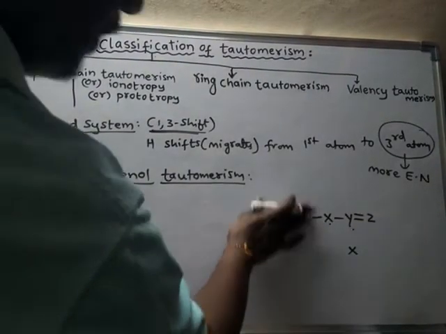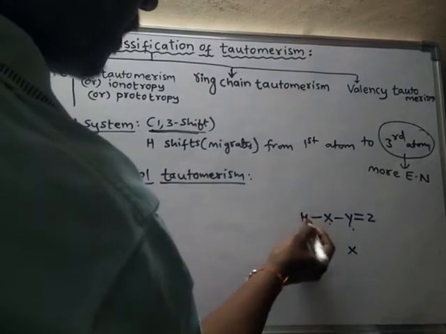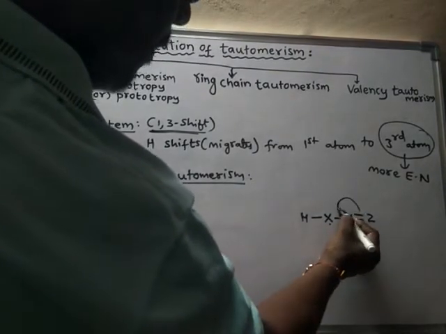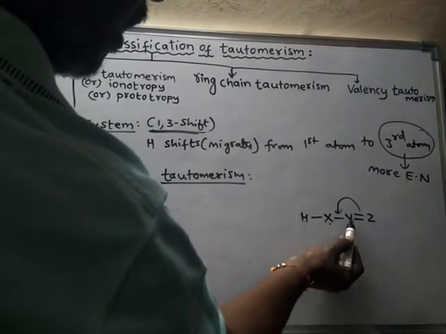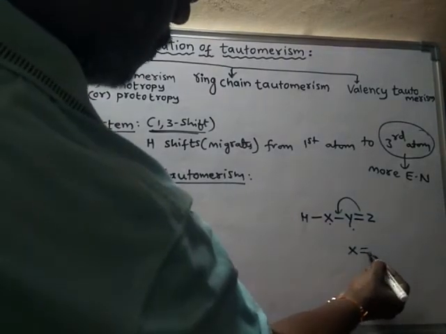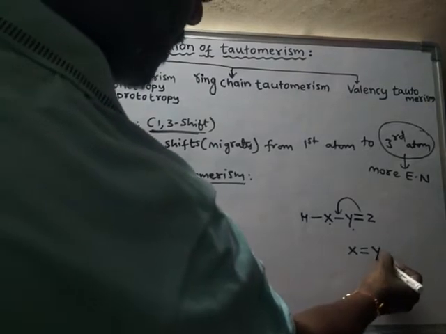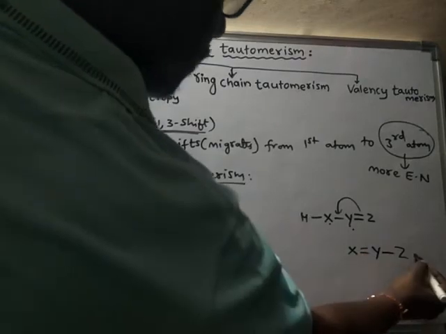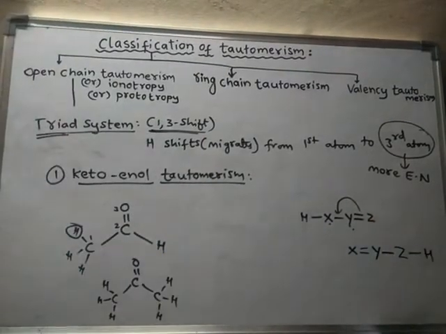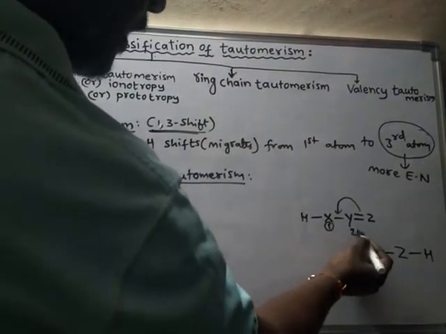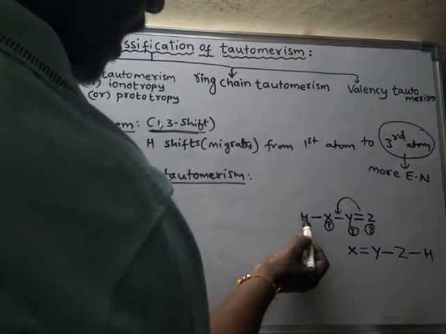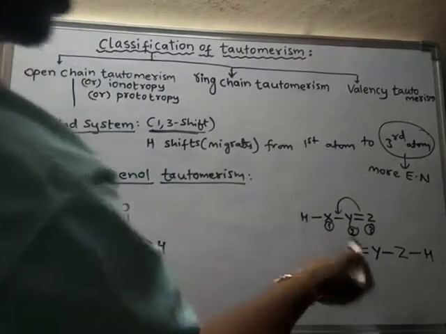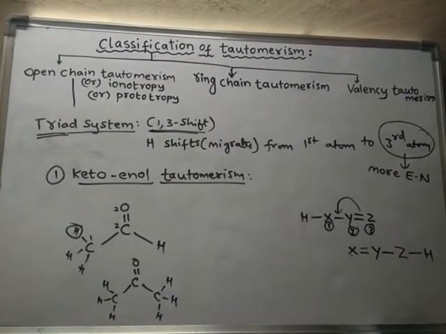Suppose it is hydrogen, what happens? This hydrogen will shift to Z and the pi bond will shift between Y and X. So there, it forms a double bond between Y and X, and only one single bond is left over between Y and Z, and the hydrogen will shift to this one. That means hydrogen will move from the first atom to the third atom. Such a shift is said to be a 1,3 shift.